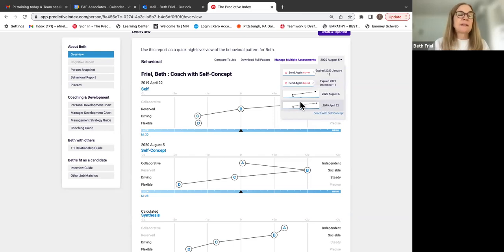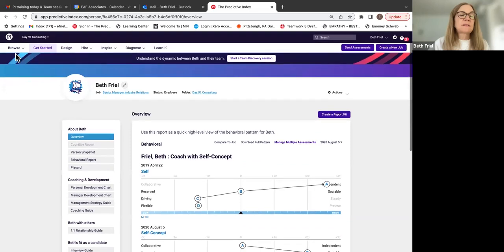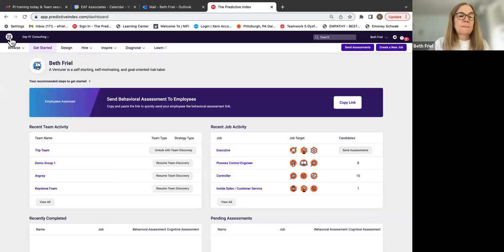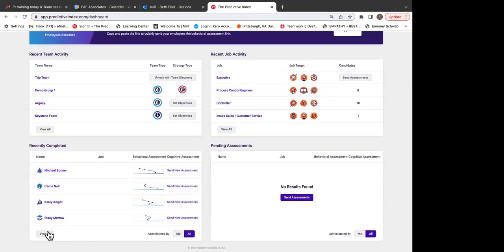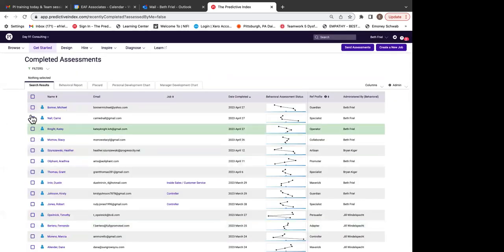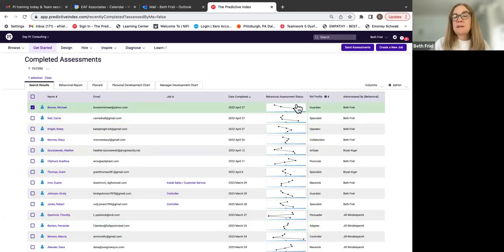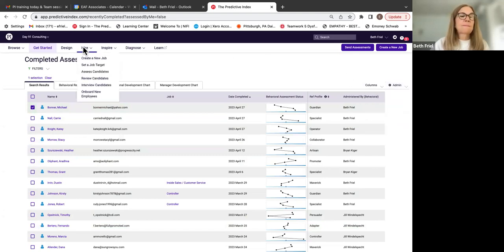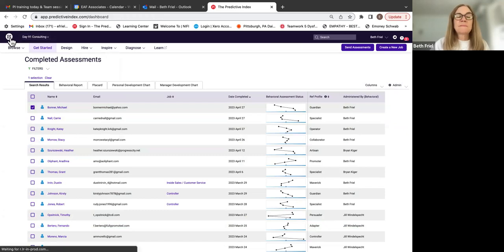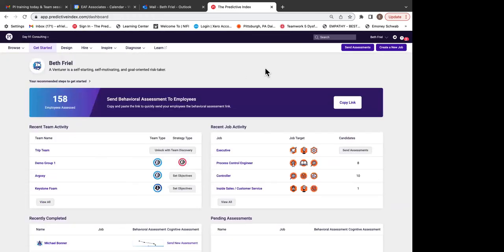But you can delete assessments. By going into this, picking somebody, I'm not actually going to delete this, but go to admin and delete. Does that help?